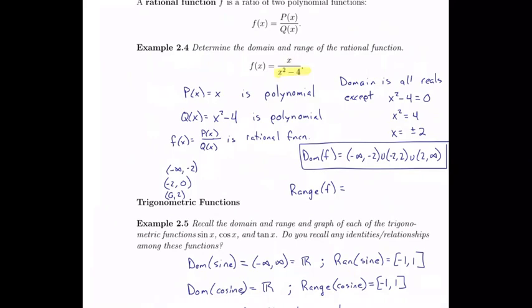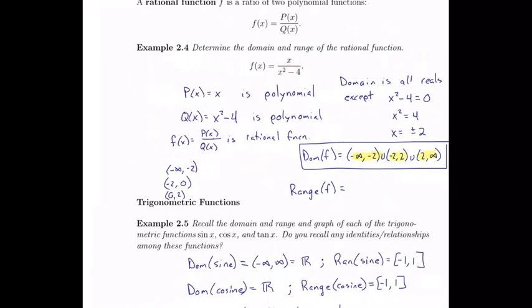Remember that the way that you've done these in the past is that you set up a table, checking where these are positive, when x is less than a certain number, x is more than a number. What you need to check is what is the range on each of these intervals on their own.